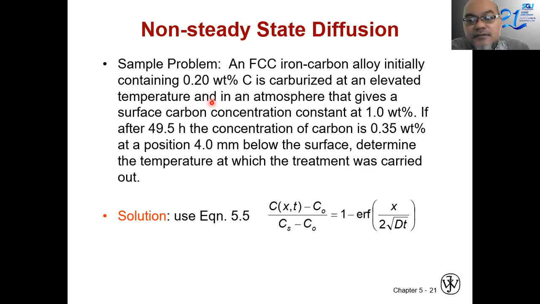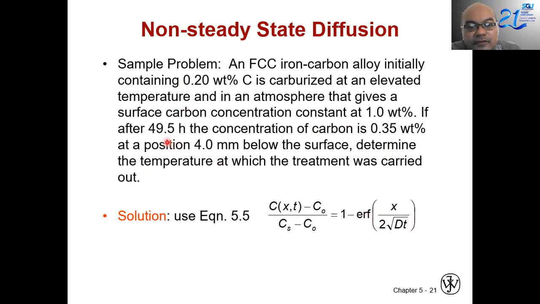So we are asked to determine the temperature T. Using the equation written in the previous slide, Cx,t minus C0, C0 is known here, 0.20%, Cs is known here, 1%. Then D is usually given in the form of data.